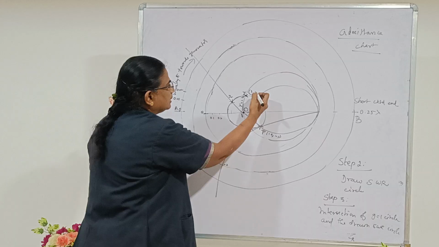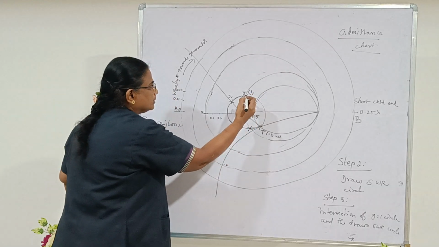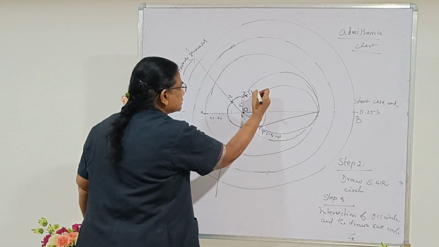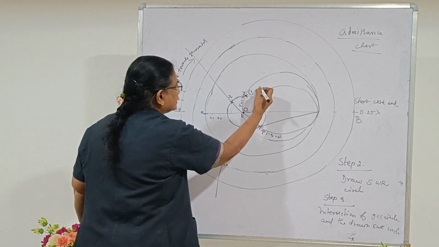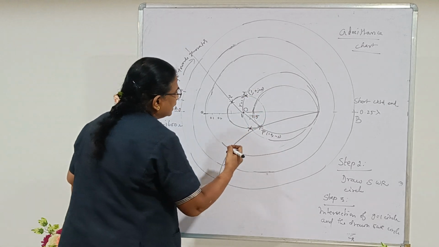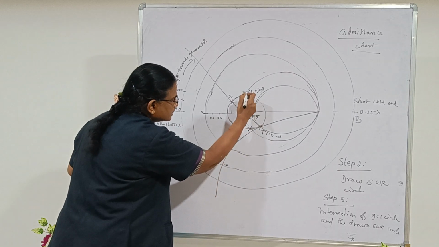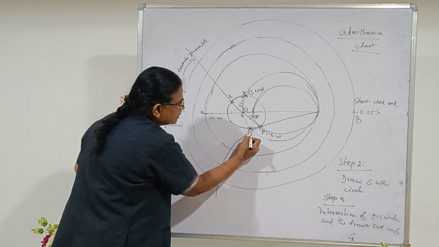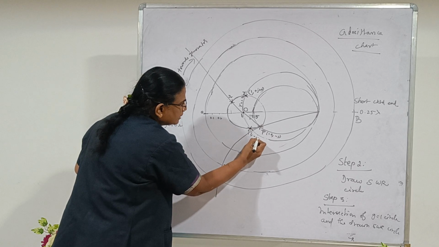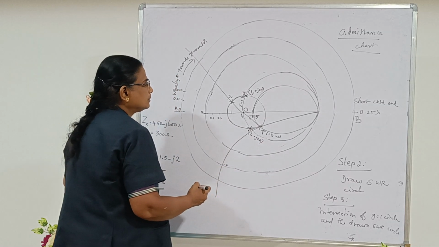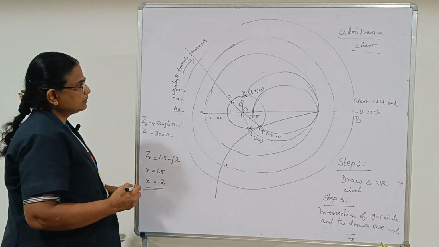For example, let me say it is 1 comma plus j 0.8. Here, diametrically opposite to this point, let me say it is 1 comma minus j 0.8.